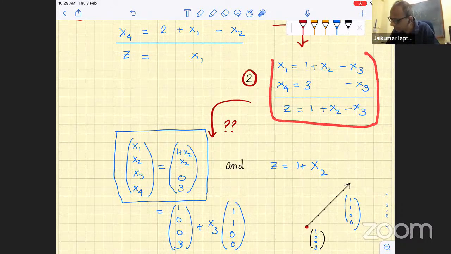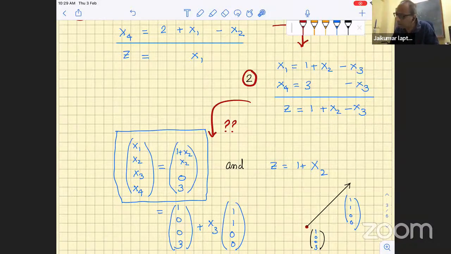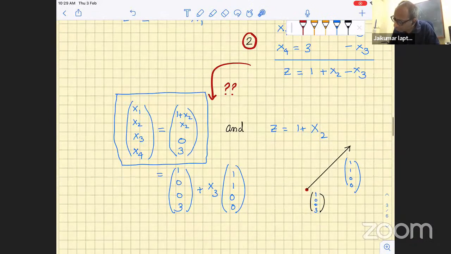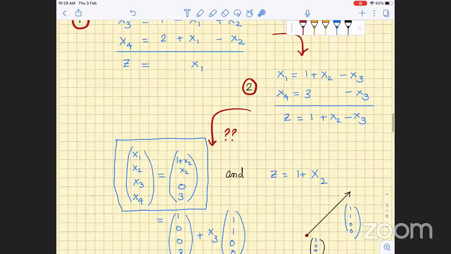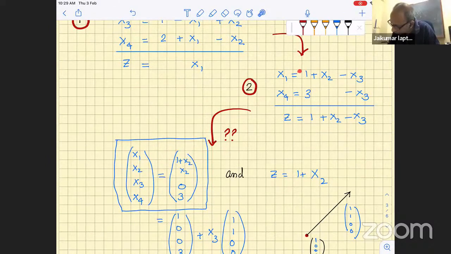Either you can just say that this is the same LP as the previous one, so obviously it is unbounded, why are you arguing? Or if you want to think geometrically, you can say that this situation offers us a parameterized solution of this form, where there was the original solution, and this variable, as you increase it, perturbs these variables based on the coefficient here, and that amounts to moving along this ray.